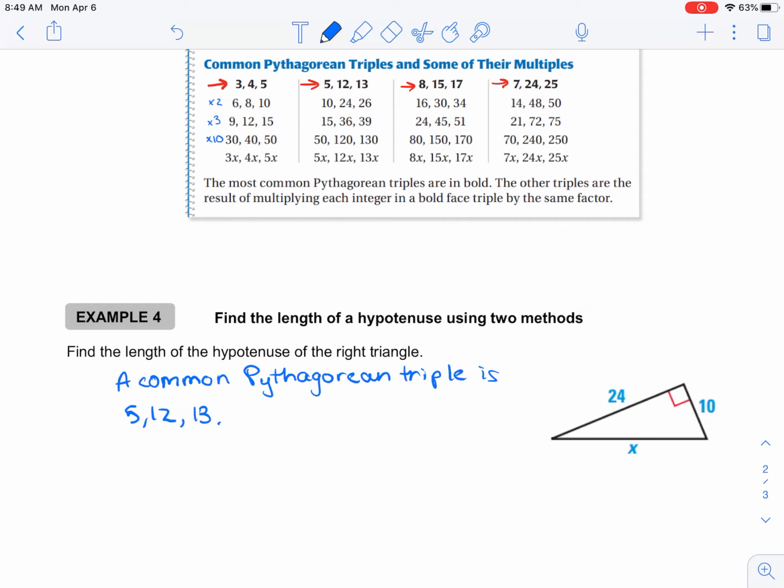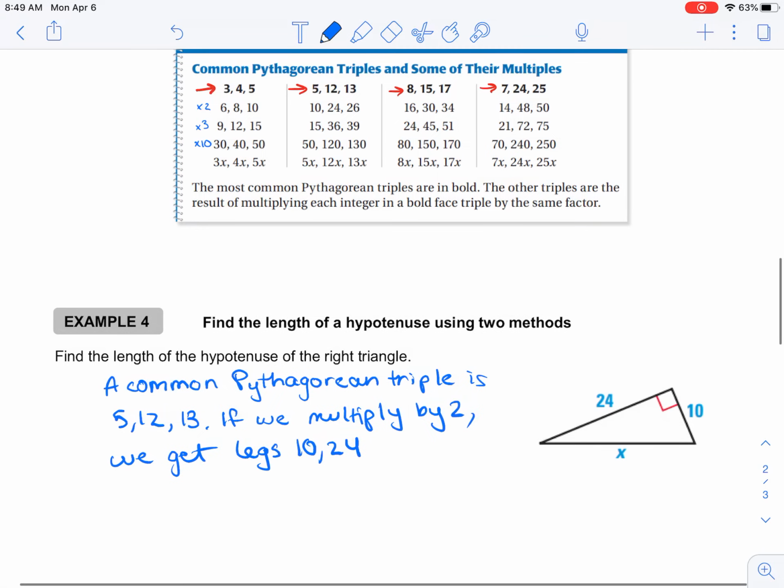Hopefully you notice that. If we multiply by 2, we get legs 10 and 24.